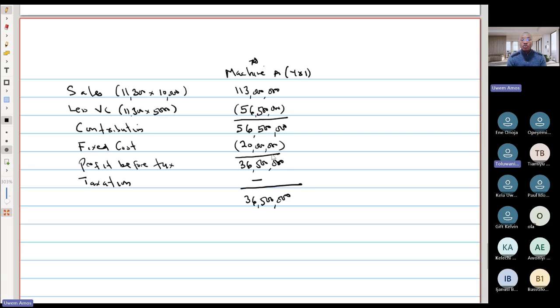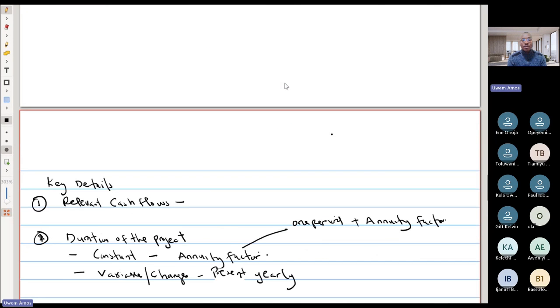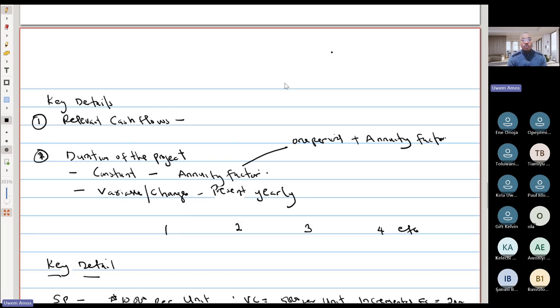Now don't forget, Tolu, just hold on a little bit. I'm going to come to you soon. Don't forget that this is for 1 year. When we began our class, we mentioned that if your sales, variable costs and fixed costs are constant over the tenure of the project, we're going to use annuity factor to extend it over the tenure.